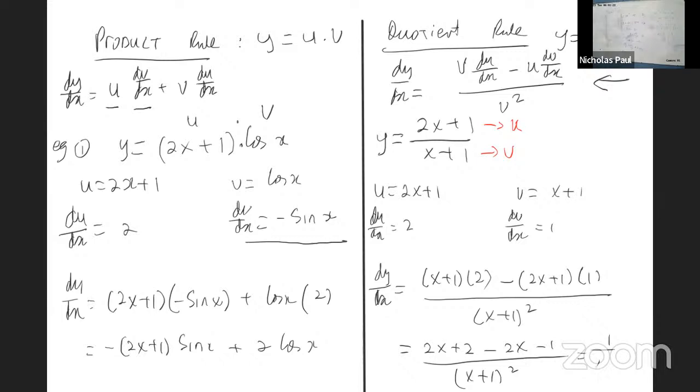So it's 1 over (x plus 1) squared. Leave it like that. Okay, so that's a quotient rule, that's a product rule.